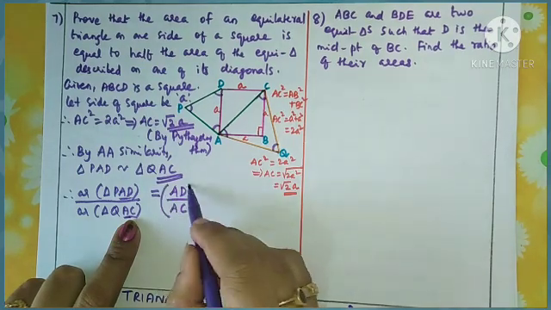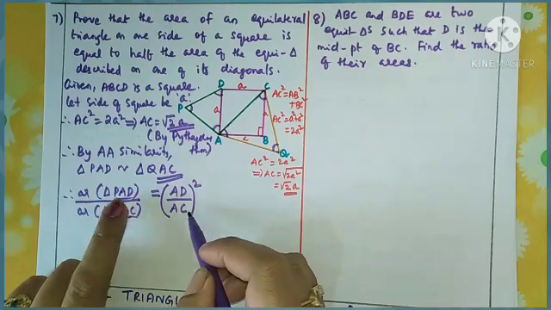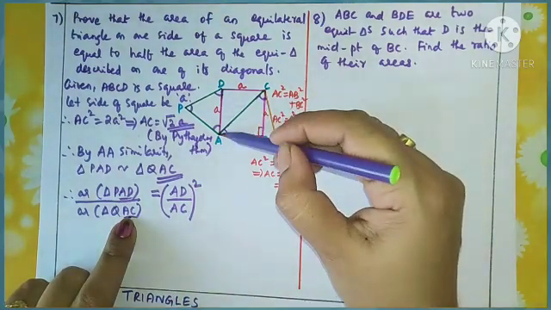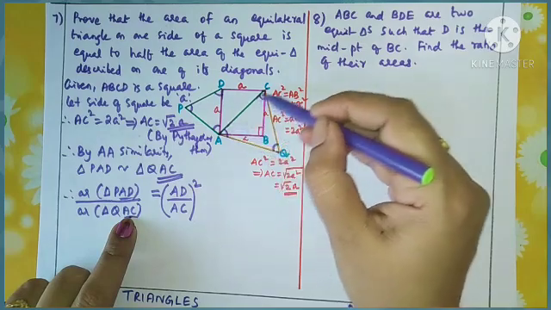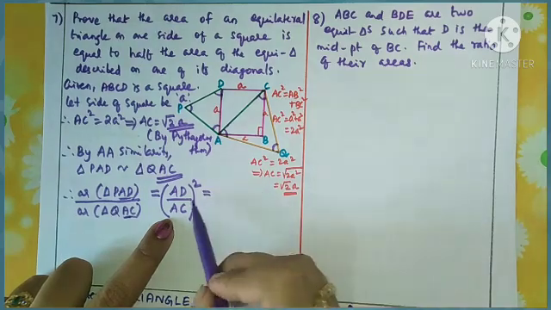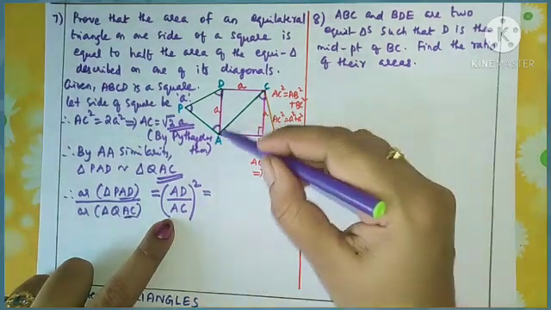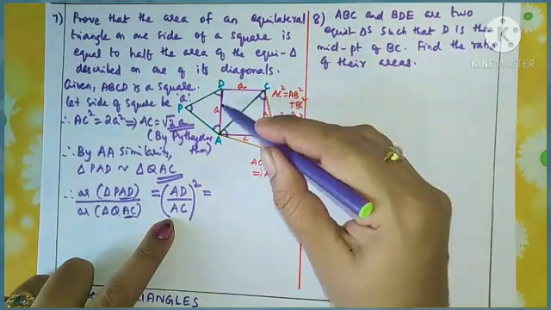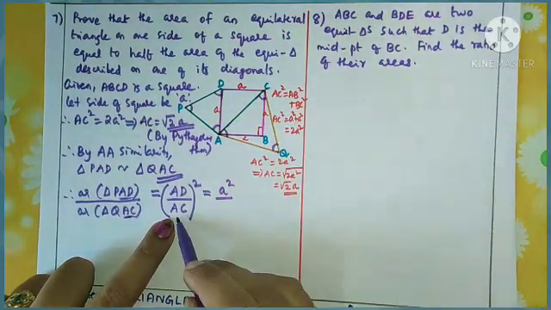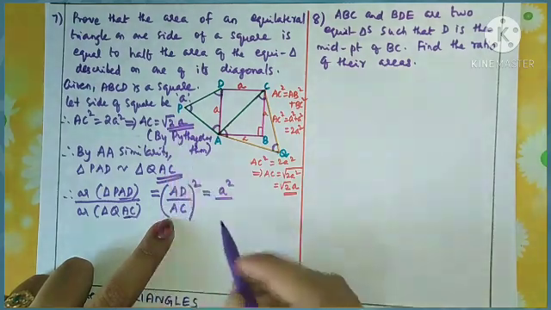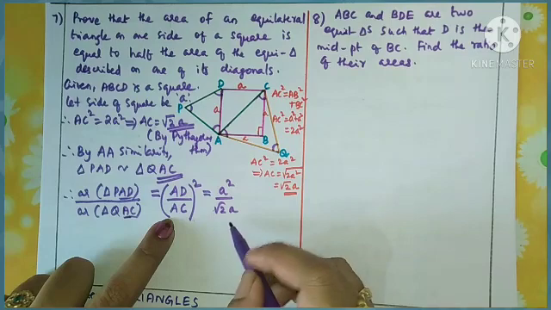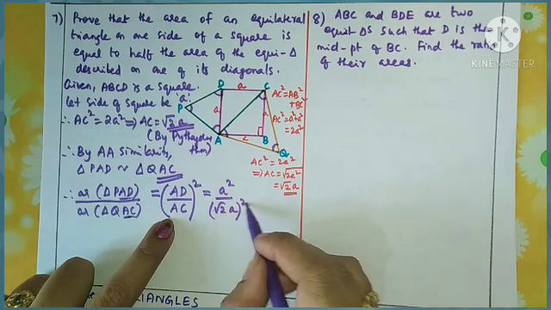So we are taking here AD by AC, whole square. AD corresponds to AC of this triangle. Okay, so now here you know what is the value of AD. AD is the side of the square and we have taken it as A units. So it is A square by AC, what we got already by Pythagoras theorem? Root 2 A. So A square by root 2 A, the whole square.